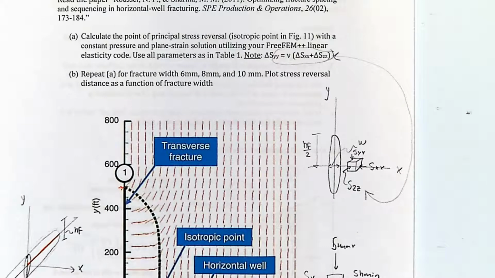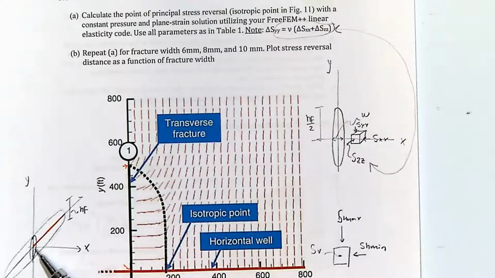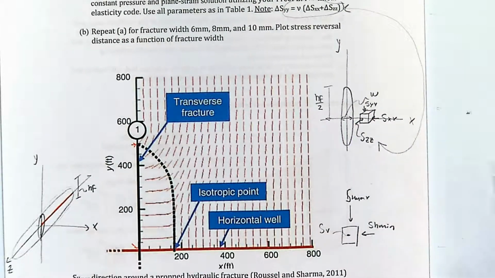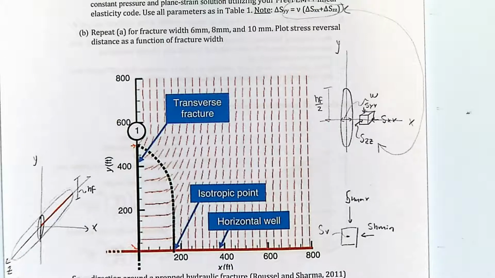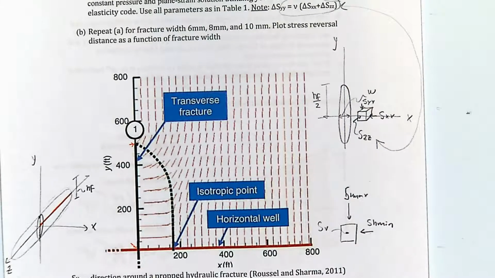In their case, they use a 3D model, so they actually have a 3D volume of the fracture. In our case, we're going to assume this is just a plane strain solution, and this fracture repeats infinitely long in direction Z. And you're going to see that your results are not going to be too different from those from the reference. So basically, let me summarize.